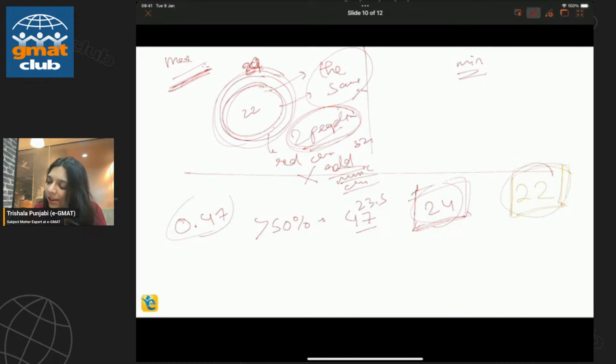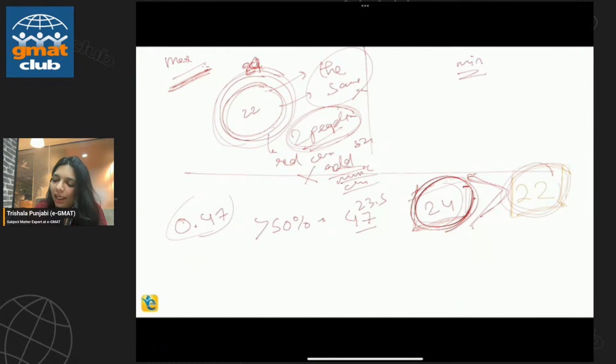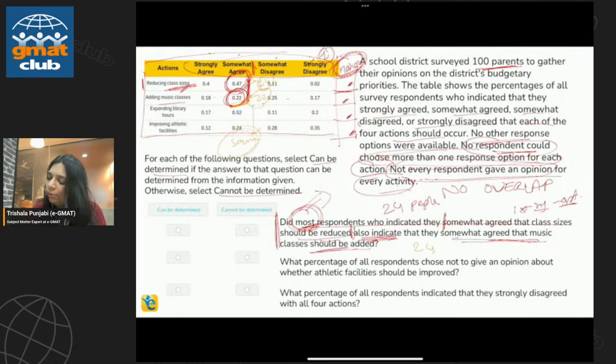Because the 22 is lesser than the 24, even in the case of maximum overlap we can say that the answer is no. The respondents who indicated that class size should be reduced don't all indicate that music classes should be added, because the number of people who agreed that music classes should be added is 22, but most respondents are 24. For both to hold, the number for music classes has to be 24 or more. Does it make sense?